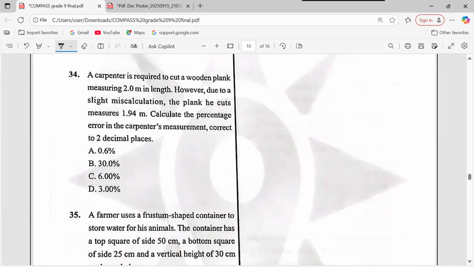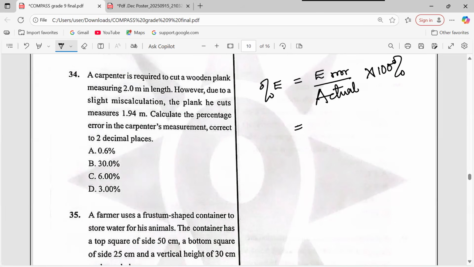In this particular case, we shall talk about percentage error. Percentage error being given by error out of actual value multiplied by 100. That's how we get percentage error.